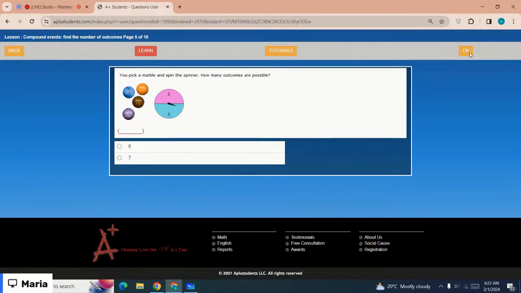The correct option is, yes, you have four marbles and two outcomes for the spinner. So the total outcomes are 2 times 4. The correct option is 8. The total outcomes are 8.